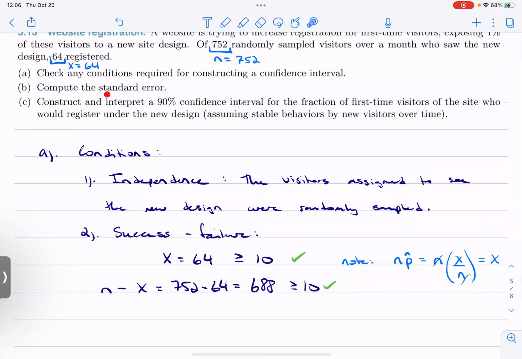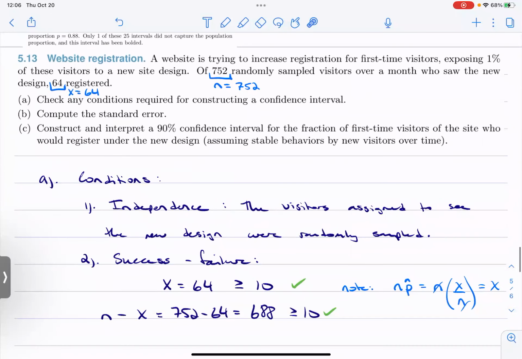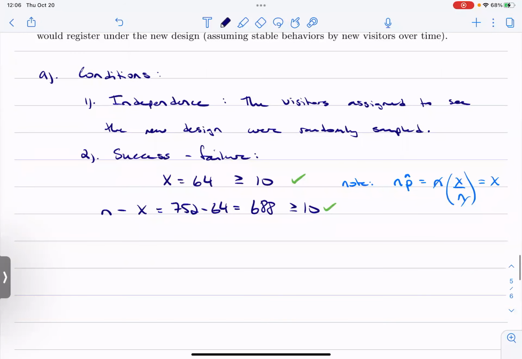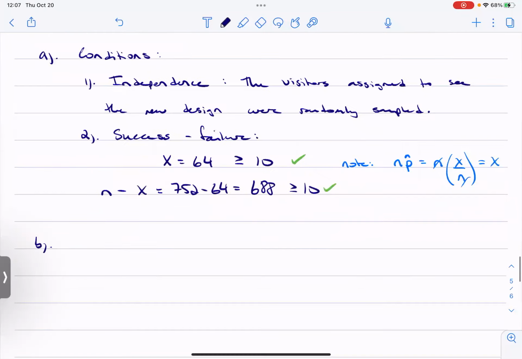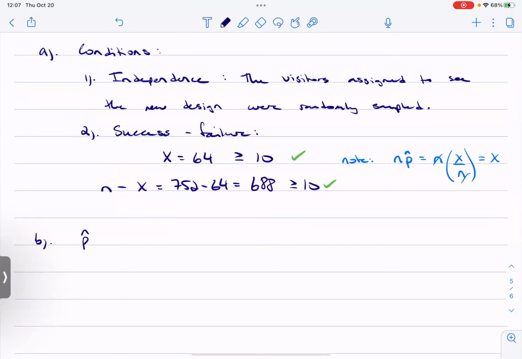Okay. Part B, compute the standard error. The standard error of this one sample proportion, which means we need to have p hat first. So let's start there. x over n.